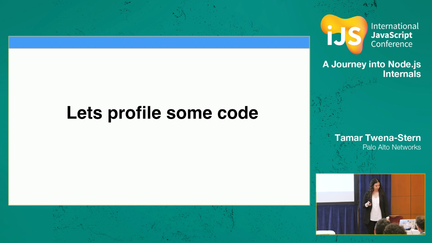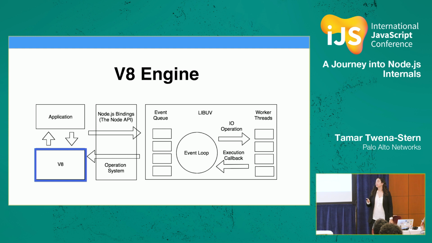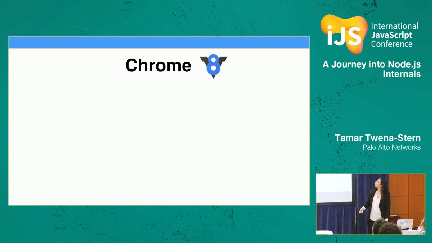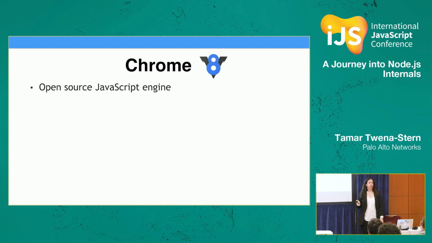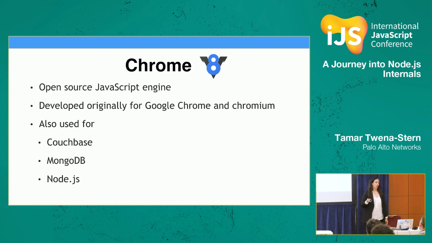Now, let's talk a little bit about the V8 engine and what a JIT compiler is. V8 is a JavaScript engine that was developed for Google Chrome for running JavaScript very, very fast, and it is used for Couchbase, for MongoDB, and for Node.js.